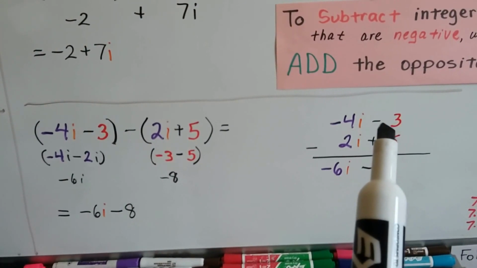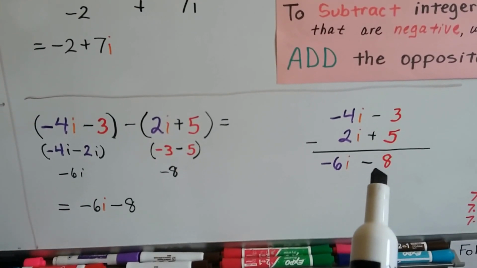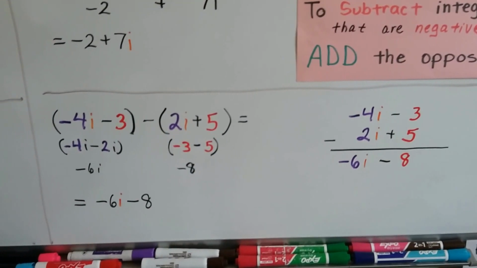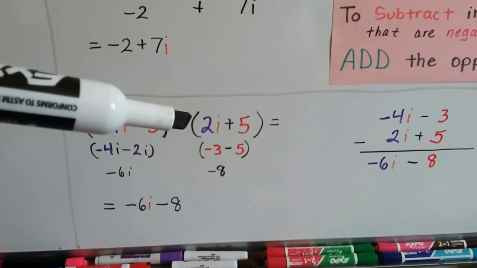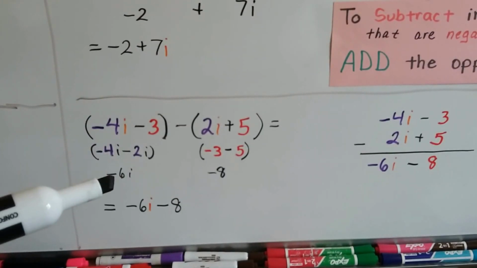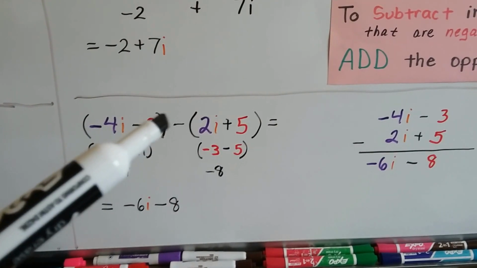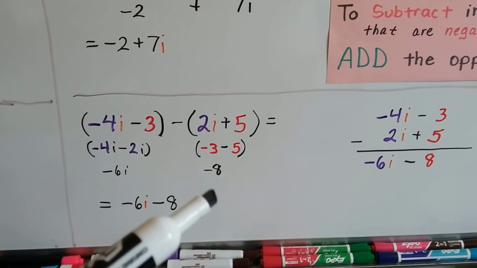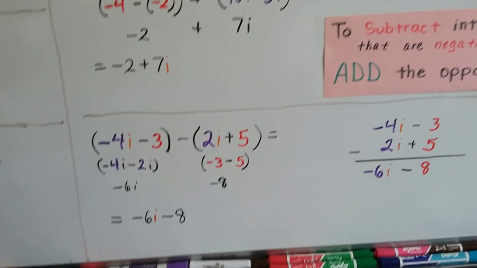We have -3 minus a positive 5, that's going to give us negative 8. So what we did was we took the negative 4i and we subtracted the 2i and got negative 6i. We took the negative 3 and subtracted that 5 and got negative 8. So our answer is negative 6i minus 8.